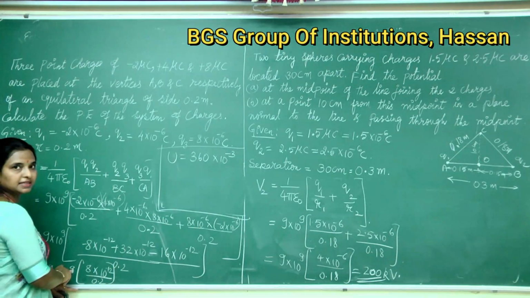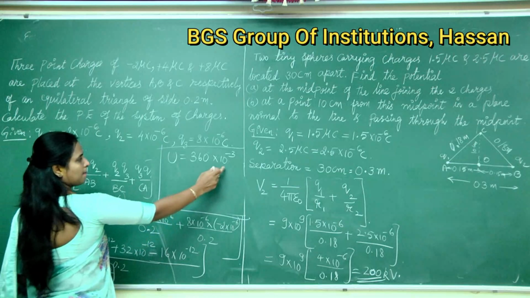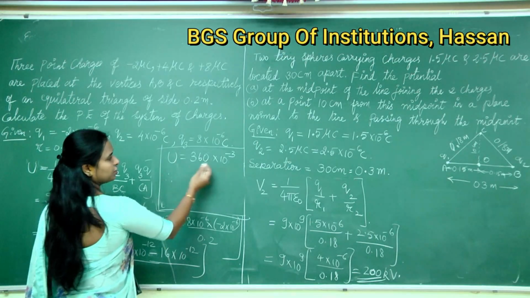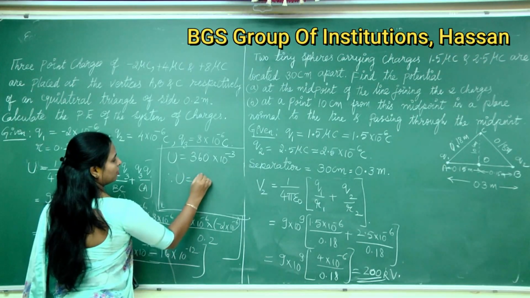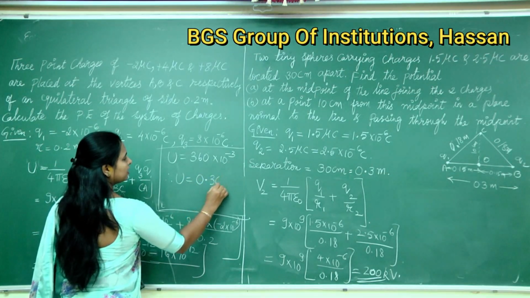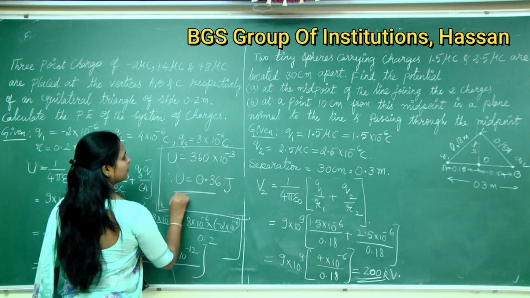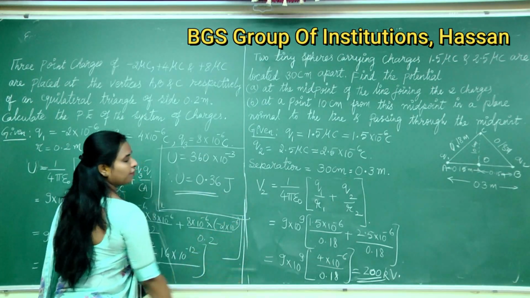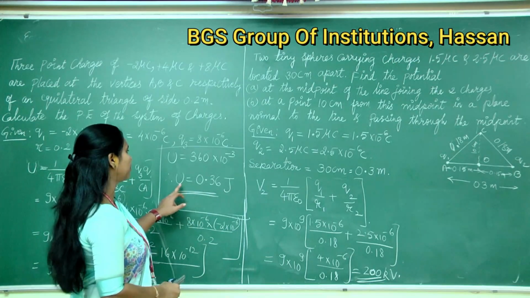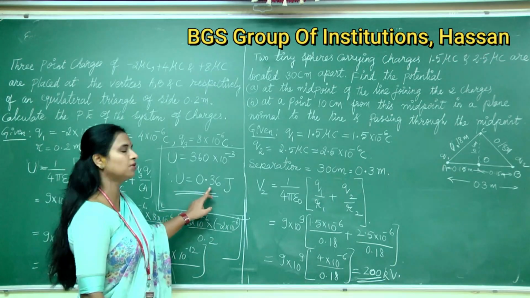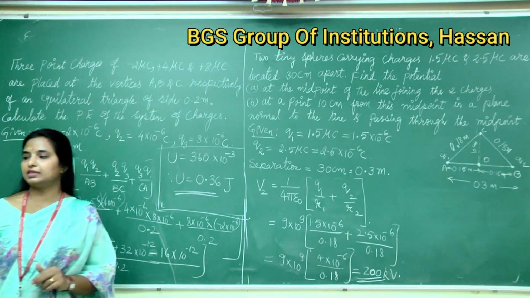See here, plus 9 minus 12 is minus 3. Therefore, if you shift the values, you have U is equal to 0.36 joules. What is the unit for energy? Potential energy, it is joule. So therefore we got the value as U is equal to 0.36 joules.